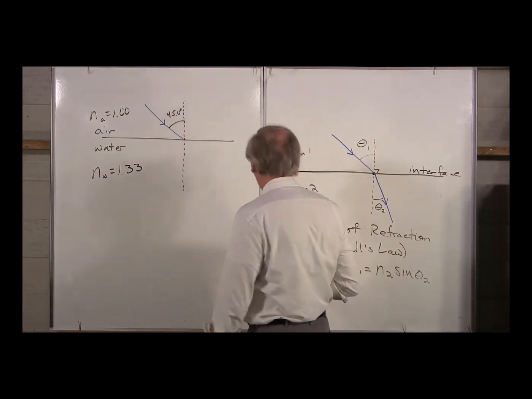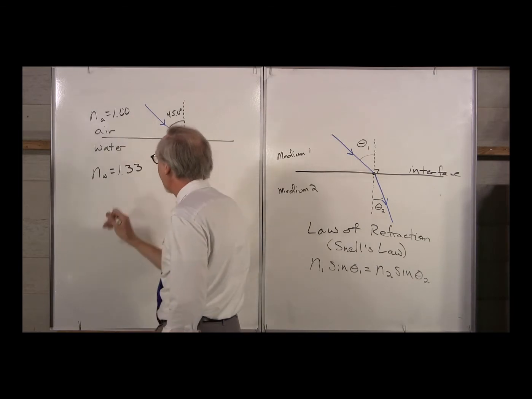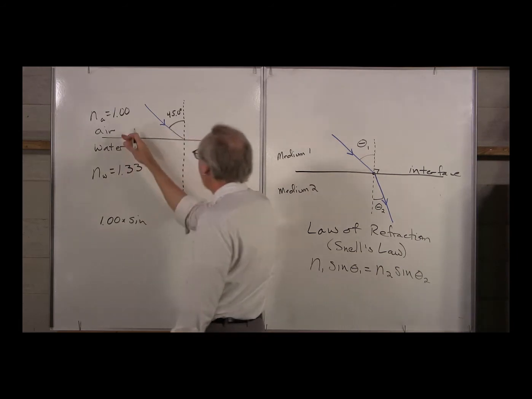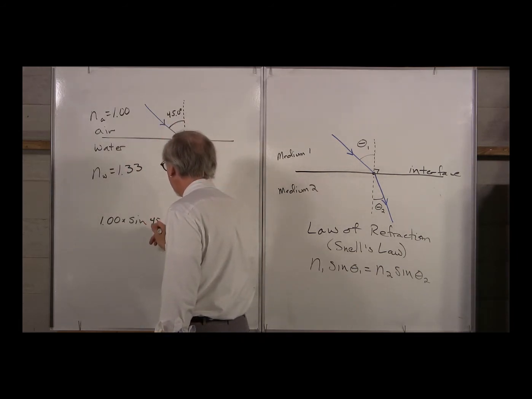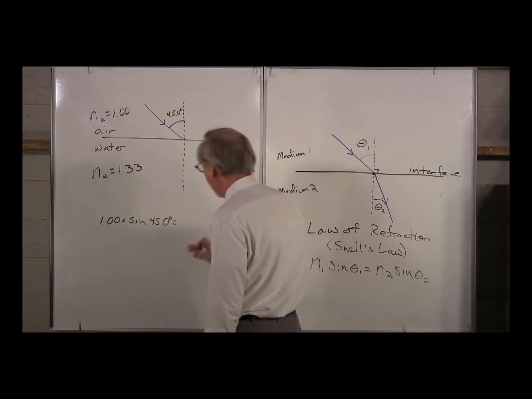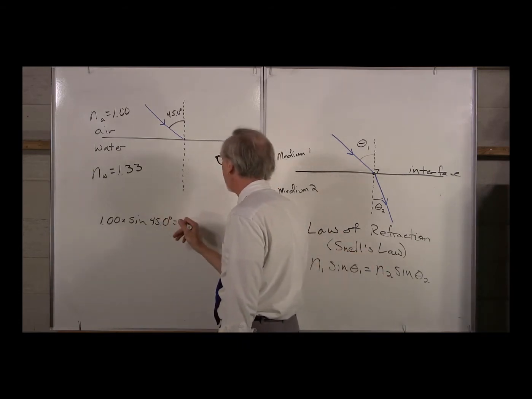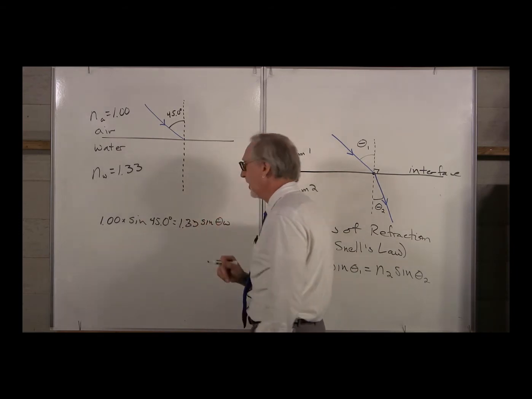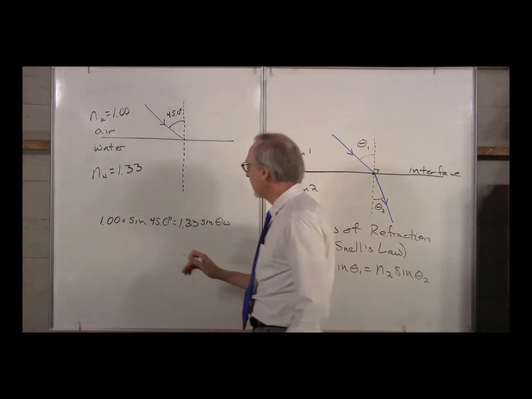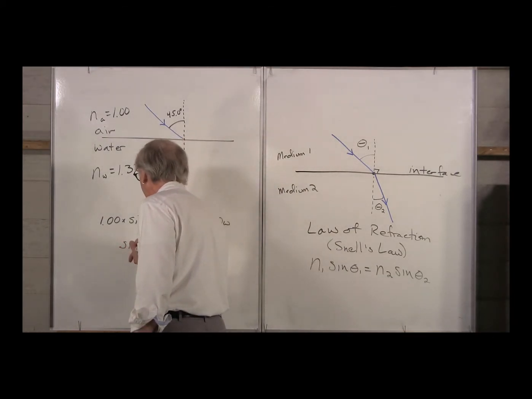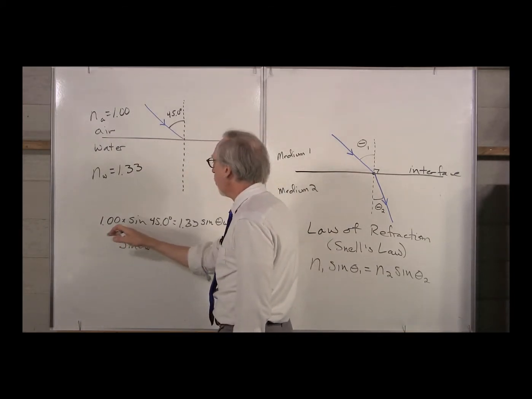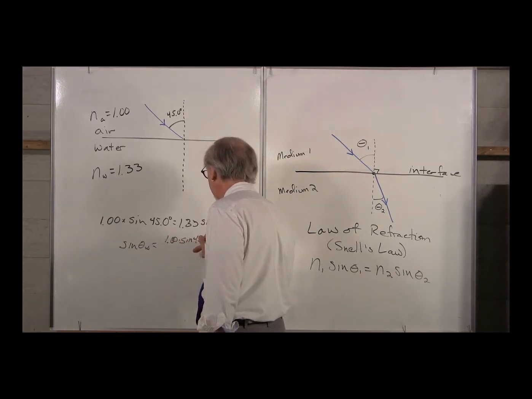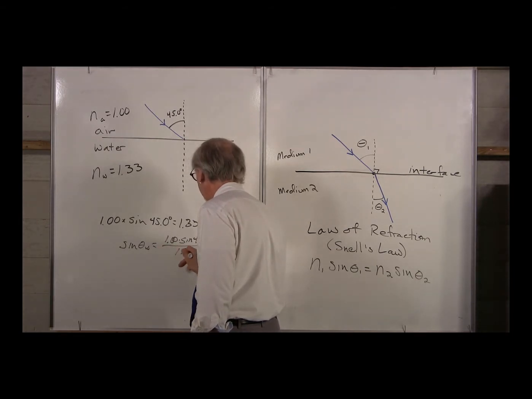Well, using the law of refraction, we have that n_A, 1.00, times sine theta A, which is 45 degrees, is equal to n_W, 1.33, sine theta W. So solving for sine theta W, we have sine theta W equals 1 times sine 45 degrees divided by 1.33.